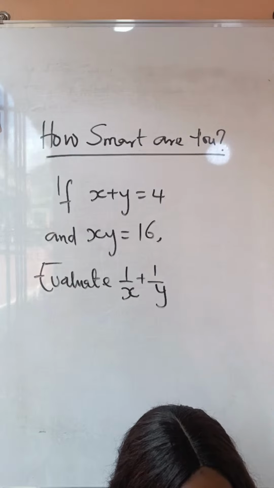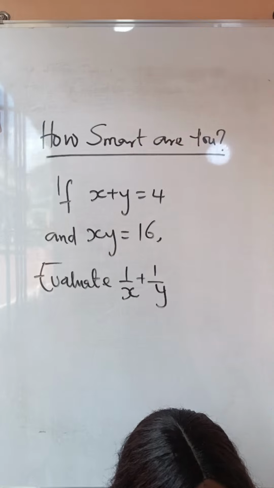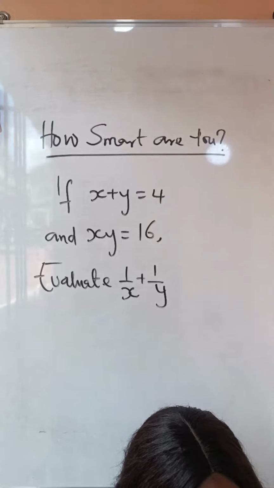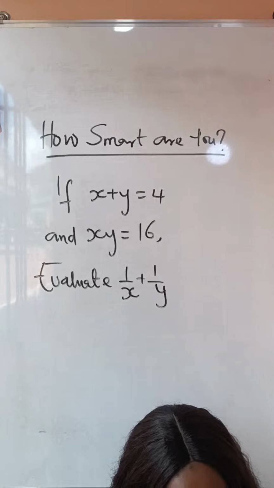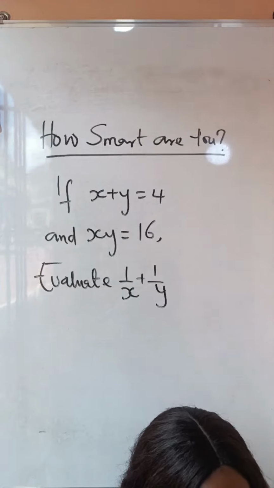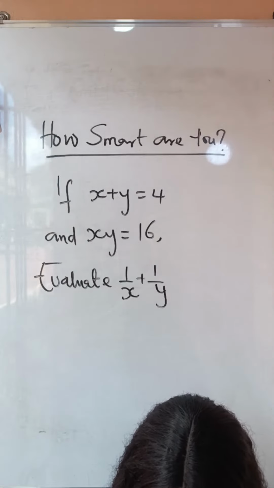So first of all, ignore whatever is there and try to solve 1 over x plus 1 over y arithmetically. Just see it as normal arithmetic. Then we see what we'll get from there. So that is the first thing you should do.